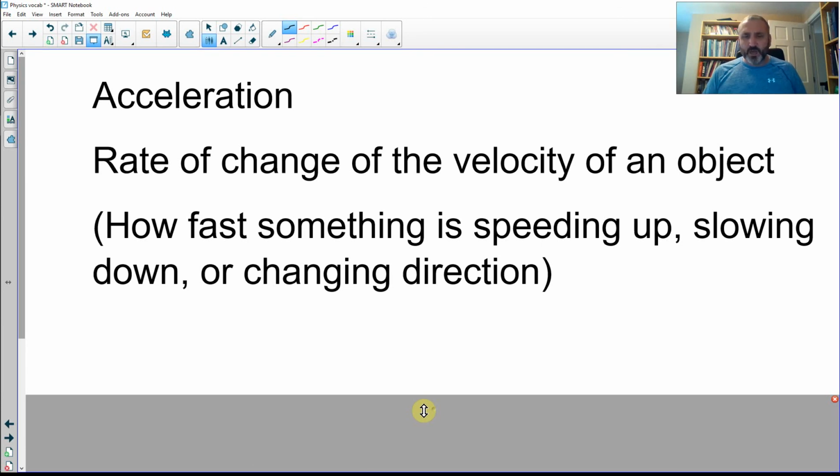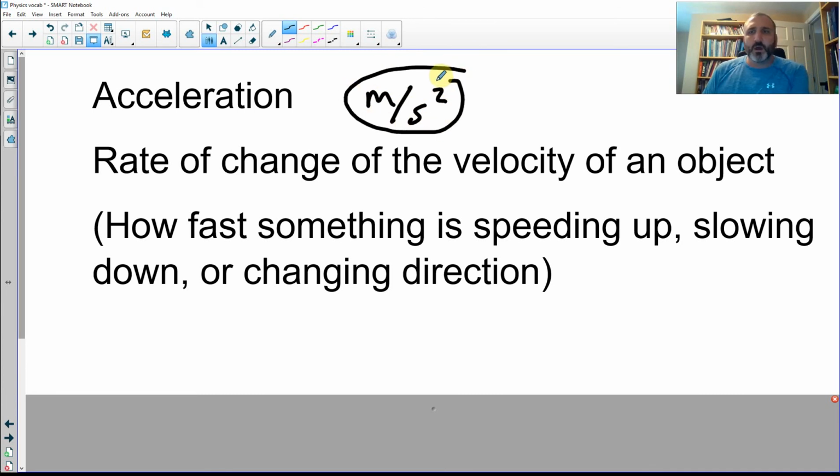When we accelerate, you guys know that you're either speeding up or you're slowing down, because that's one way that we change our velocity. We're changing the meters per second that we're going. So for starters, acceleration's unit is meters per second squared, so that's important.